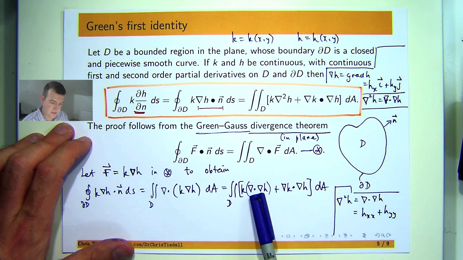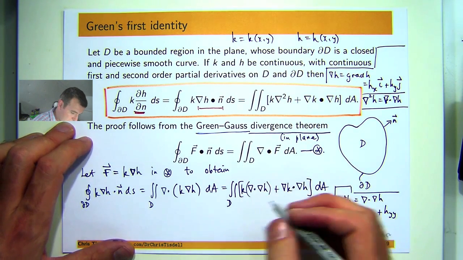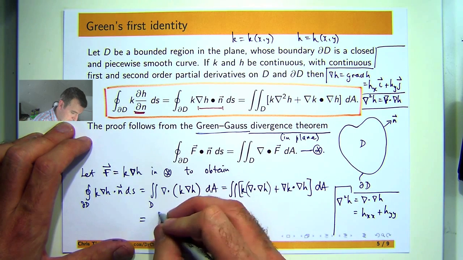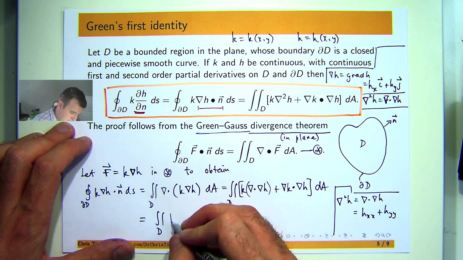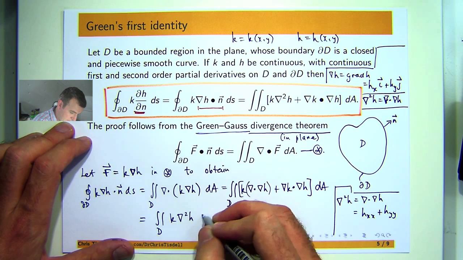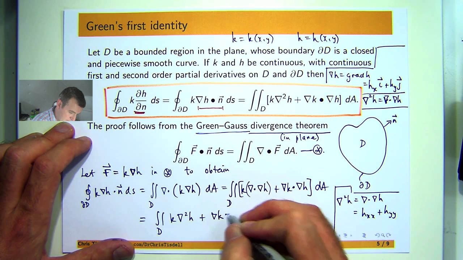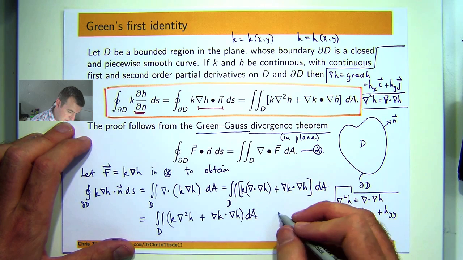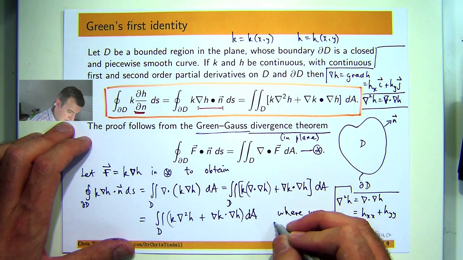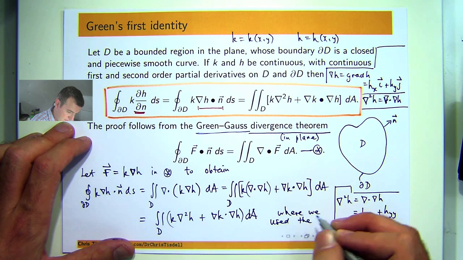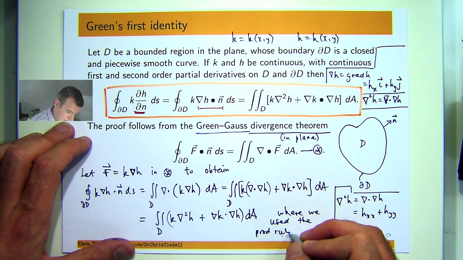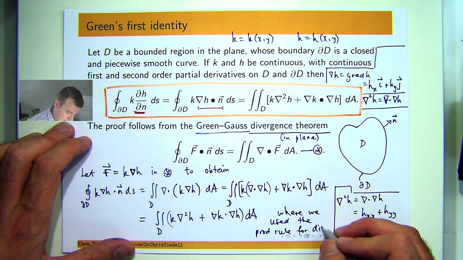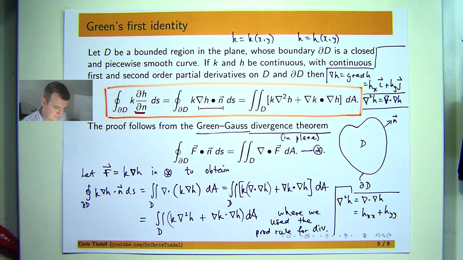Okay, so that then goes to the Laplacian, and we get exactly what we wanted, where we used the product rule for the divergence. Okay, so it's pretty easy. The proof is pretty easy.